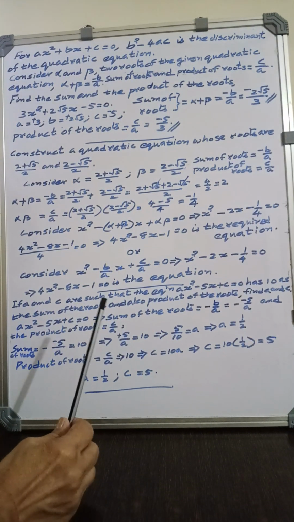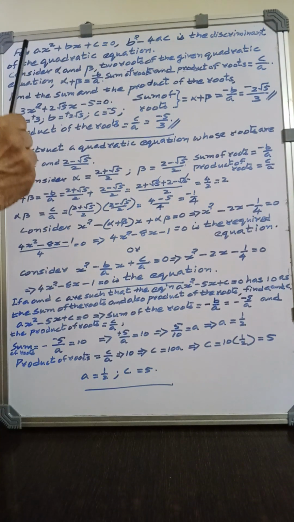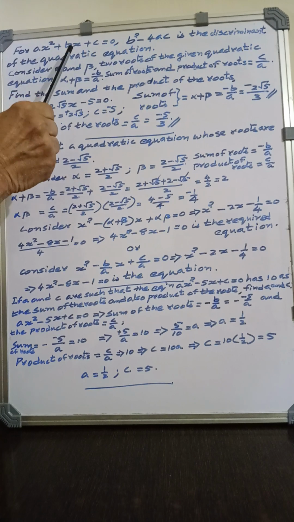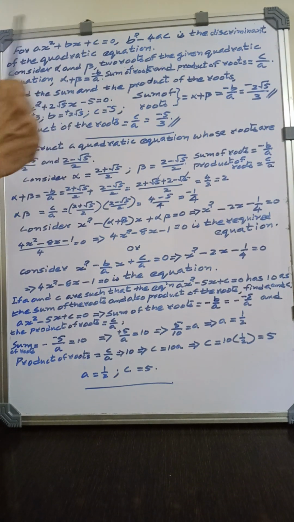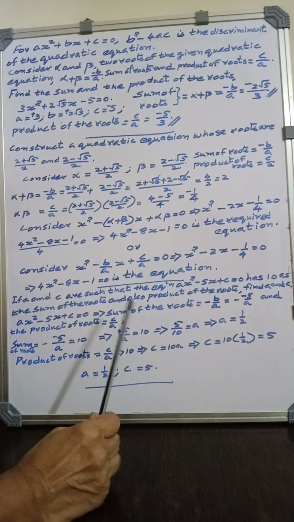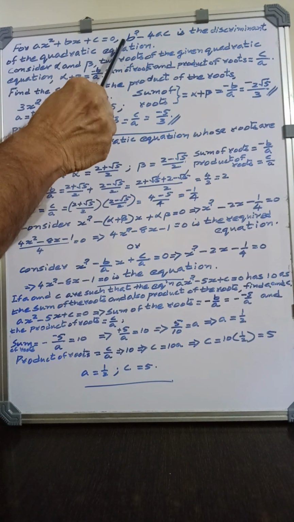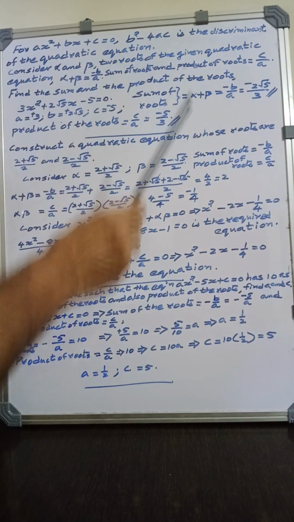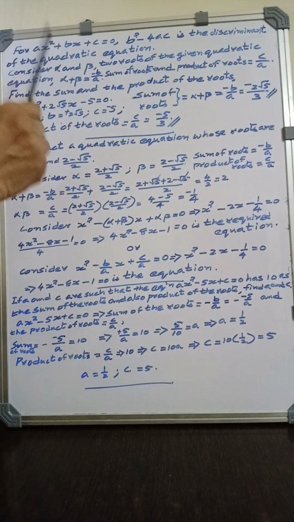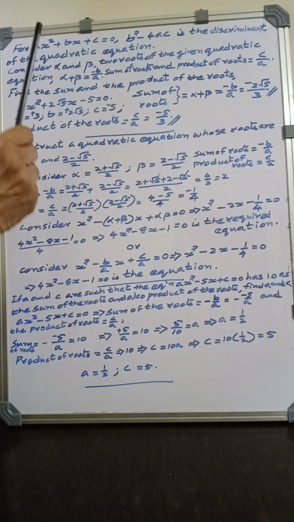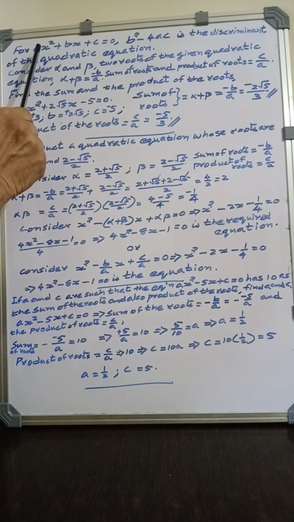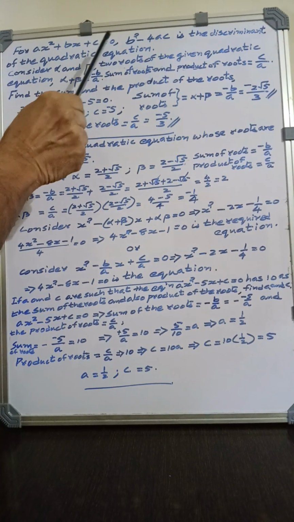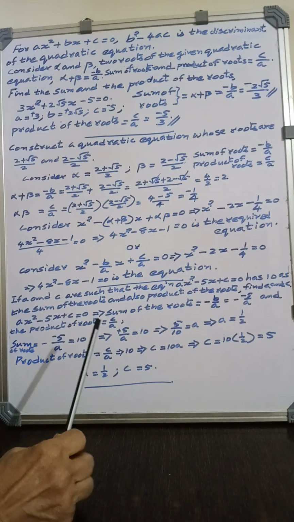That means we are discussing the quadratic equations ax² + bx + c = 0, which is the general form of the quadratic equation. Here, the coefficients are a, b and c. b² − 4ac is the discriminant of this quadratic equation. b² − 4ac determines the nature of this equation.